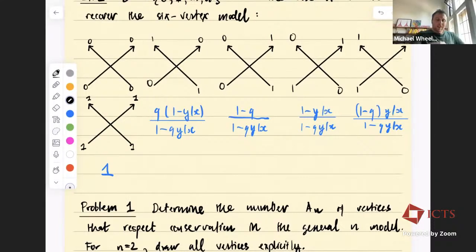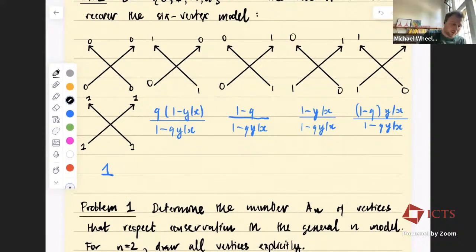So I should say that I'm not really touching in this lecture upon what are called higher spin vertex models. So there are more general types of vertex model that you can define, where the states that live around the edges, instead of just being single integers, can actually be multi-sets.